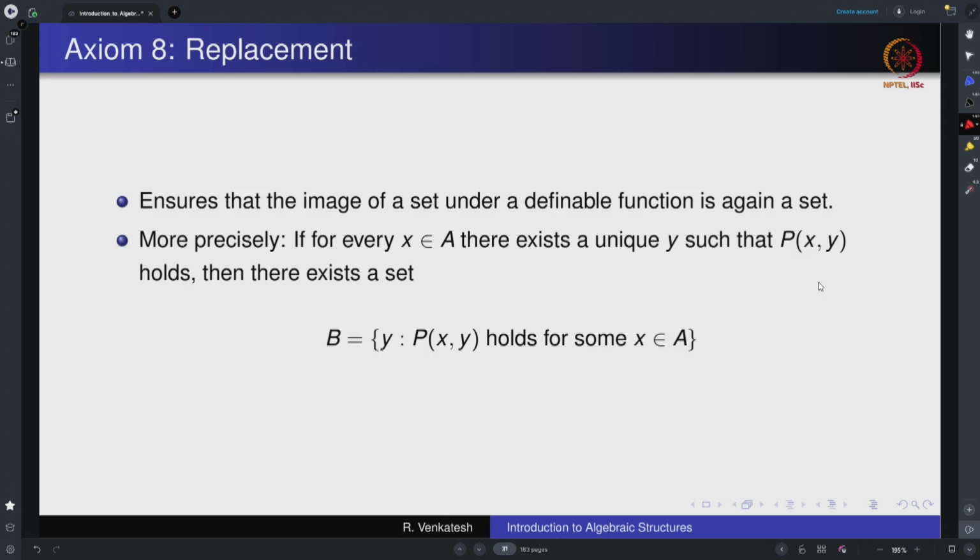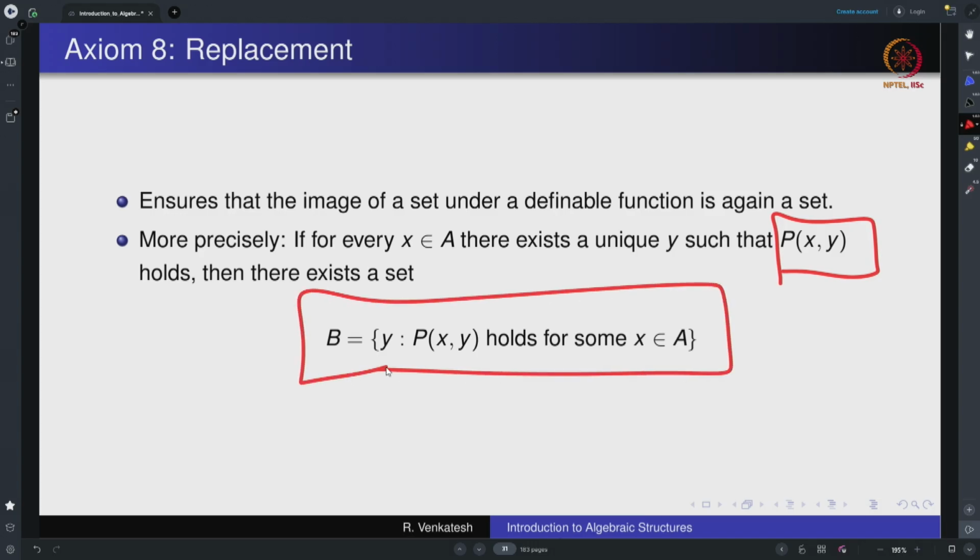What the replacement axiom says, more precisely, is this: if for every x in A there exists a unique y such that P of x y holds, where P of x y is a property given by algebraic formulas or analytic formulas and so on, then there exists a set which is the collection of y such that P of x y holds for some x in A, and this collection is a set.